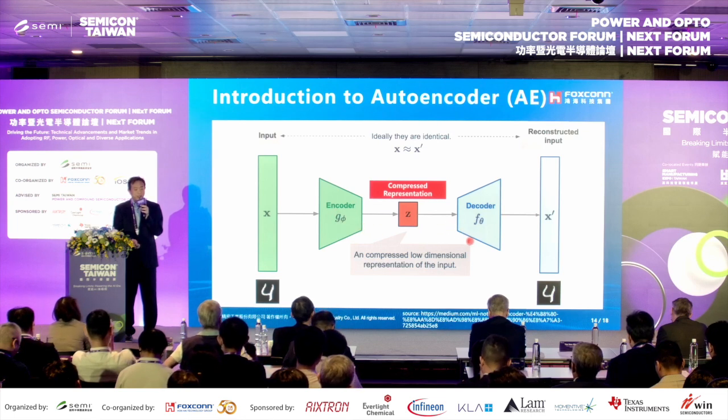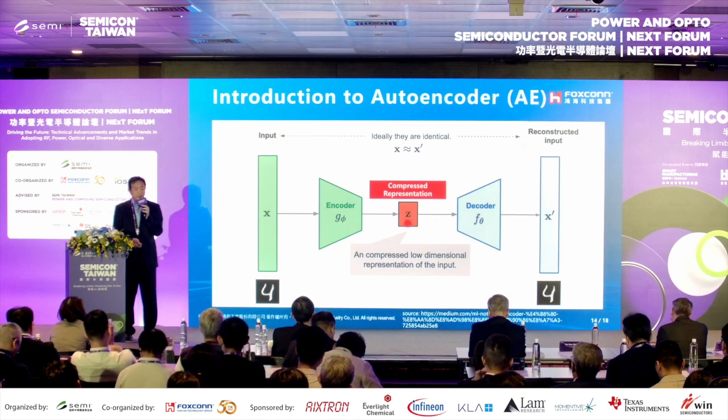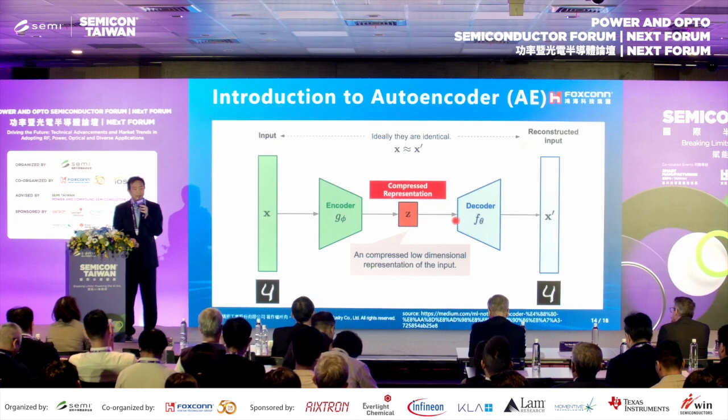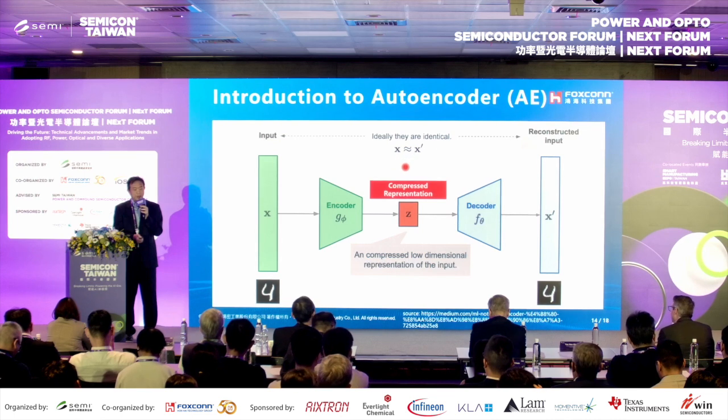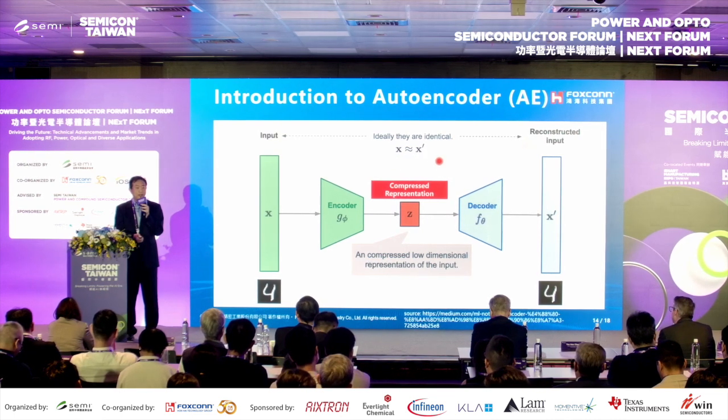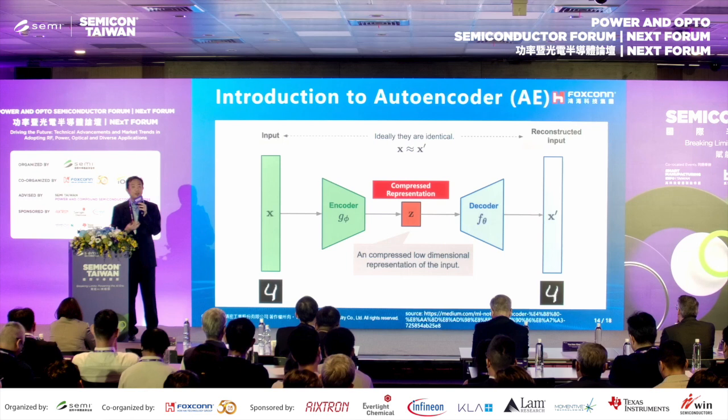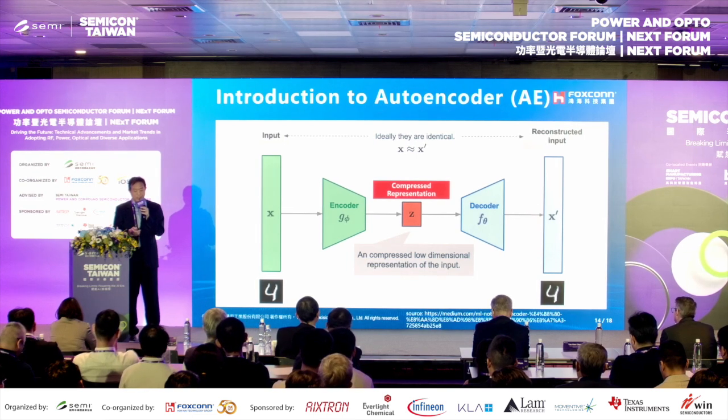The decoder tries to convert Z back into the original input X, so the output X prime should be as close as possible to X. During training, ideally we would like to see X equal to X prime. This is the objective function that we use to train the autoencoder.